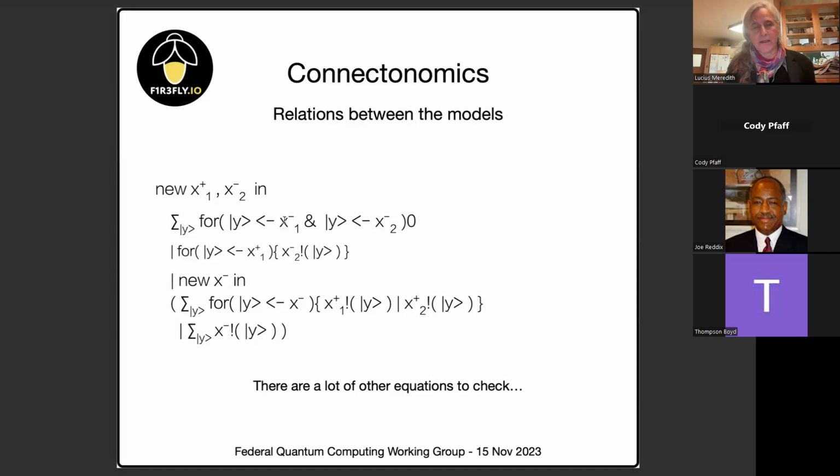This could win, and then force some information flow this way, or this could win and force some information flow this way. If this wins in this racing with respect to the outside world, then the Y will be selected by the output, and as a result, X1 and X2 will both be Y.